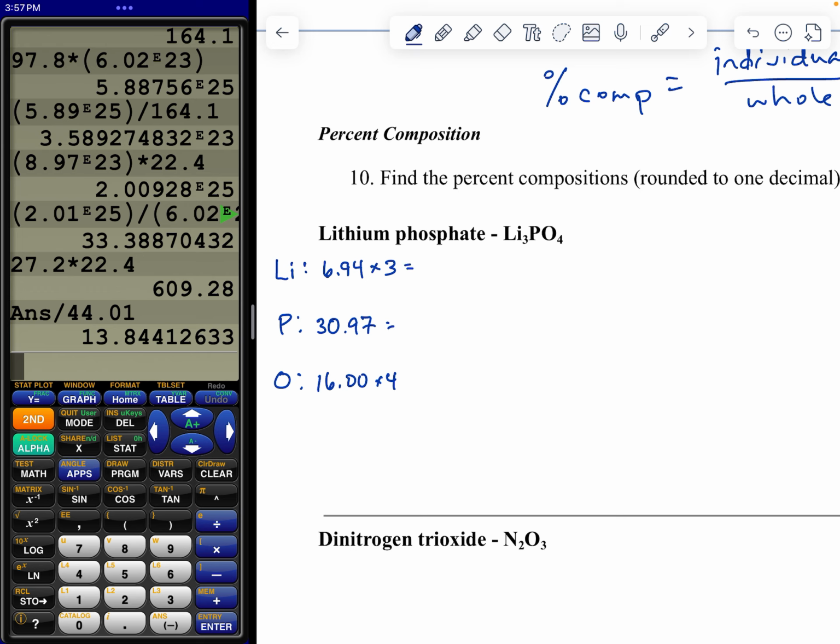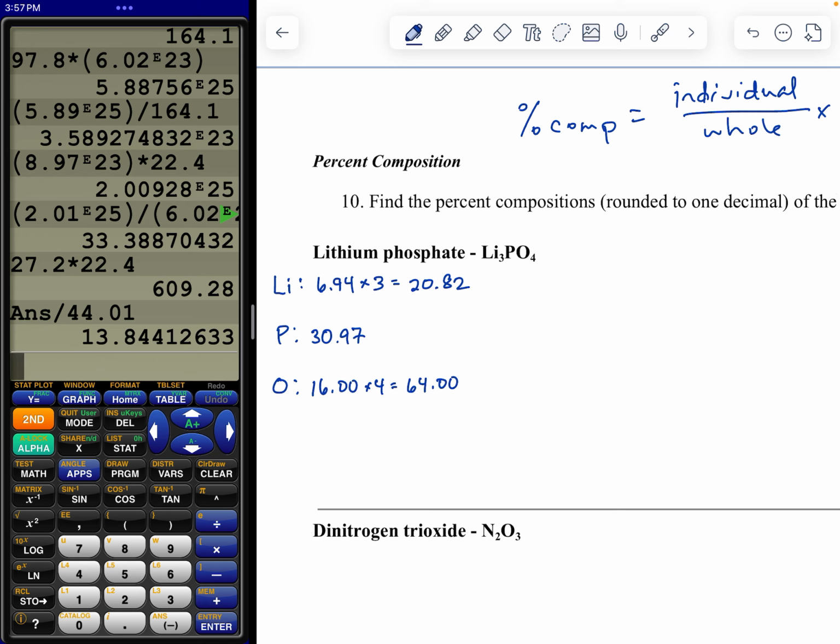So let's figure out how much mass each of these accounts for by itself. My 3 lithium are contributing a total of 20.82 grams. My phosphorus is, of course, just contributing its 30.97, and then my oxygen is contributing 64 grams to the mass as a whole. So let's add all these up to get a total.